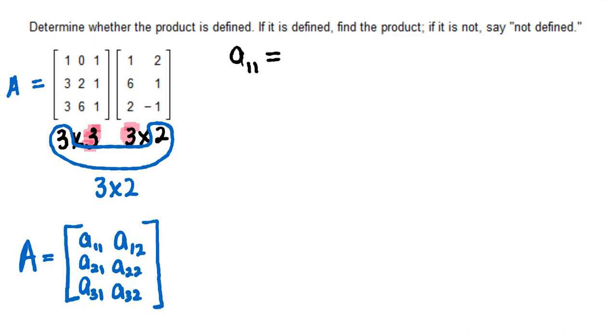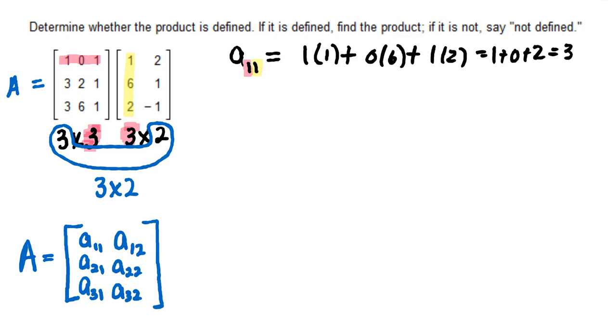So to do this calculation, we're going to use row 1 of the first matrix and column 1 of the second matrix. And we do multiplication entry by entry. So that would be 1 times 1 plus 0 times 6 plus 1 times 2. And that's 1 plus 0 plus 2 is 3.